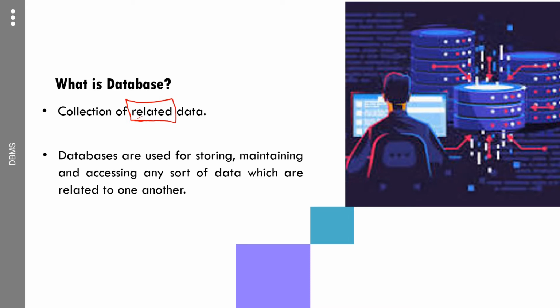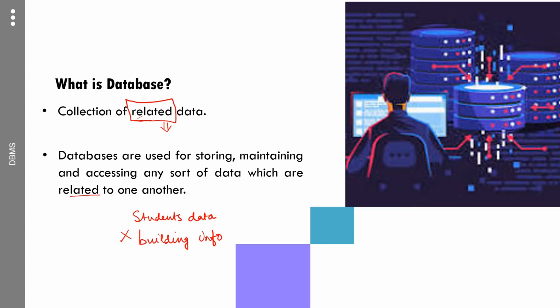So databases are used for storing the data, maintaining the data, accessing a part of data which are related to one another. Now, let's understand what we mean by this word related. Some data items for which I want to keep information in a database, suppose, for example, students' data. So I need to keep all students' data in a particular student database. Now, students are attending the colleges, but the college building information, all the details of the building information, I should not keep in the same database as that of the students because students have nothing to do with the building information.